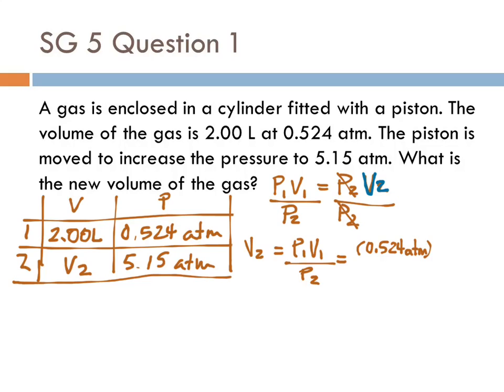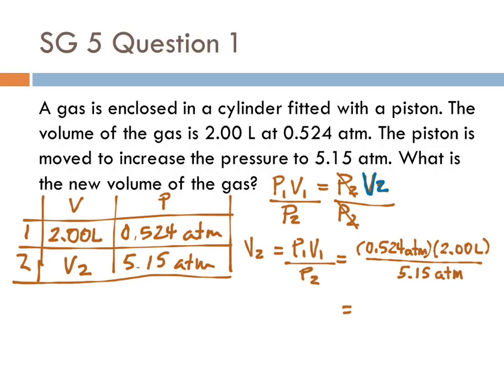So 0.524 atmospheres, and volume 1 is 2.00 liters, and that is divided by P2, which is 5.15 atmospheres. So then we get out our calculators, and we go 0.524 times 2 divided by 5.15 equals.